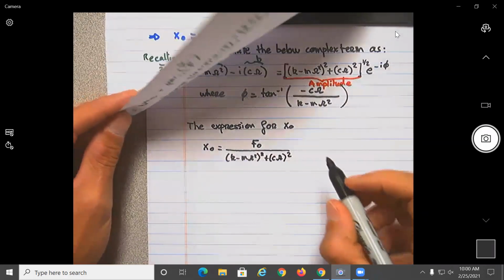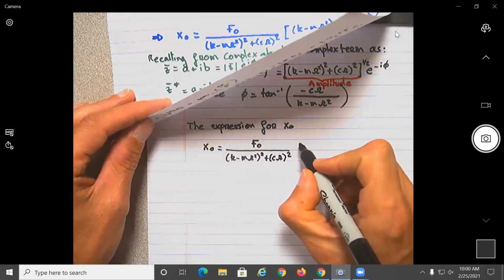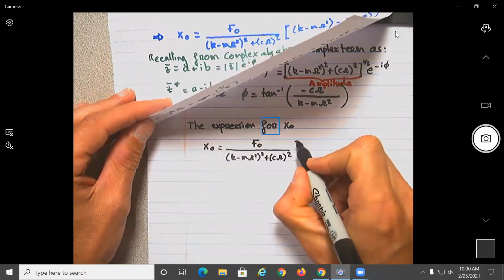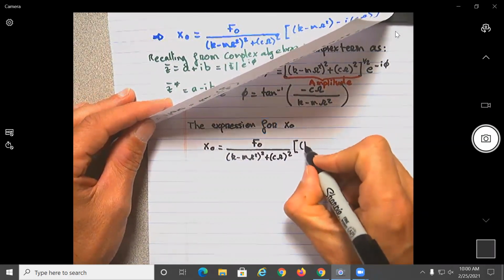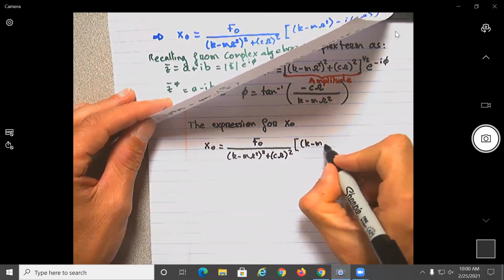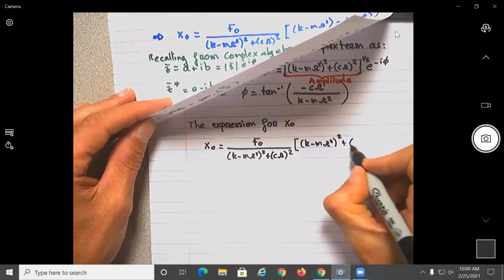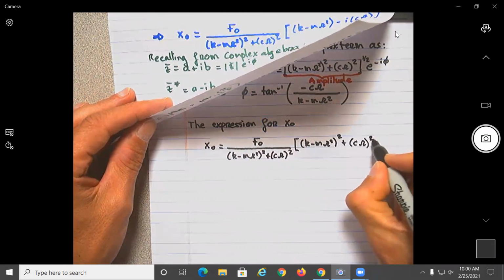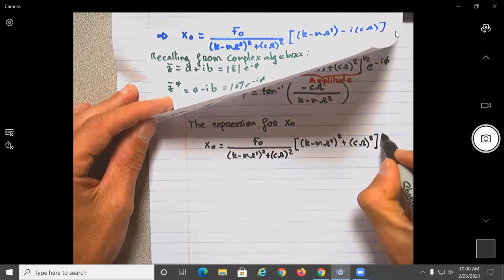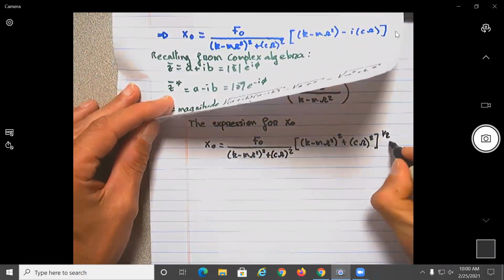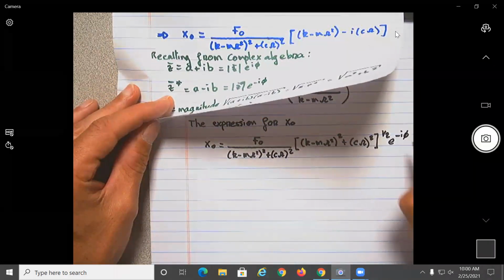And now we have this new term here that will be k minus m omega square plus c omega square to the 1/2 times e to the minus i phi.